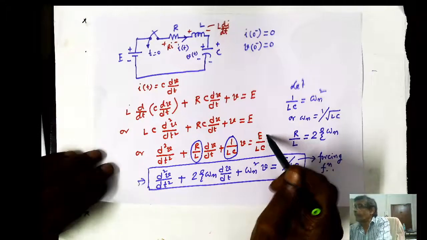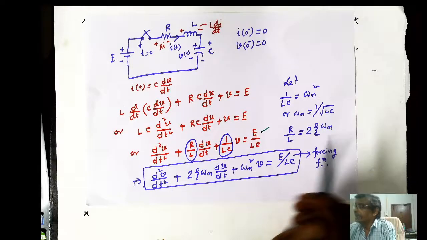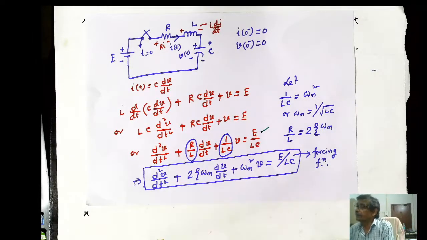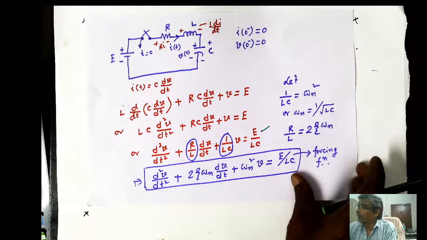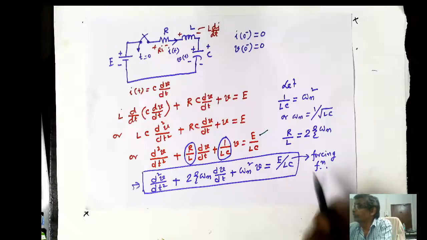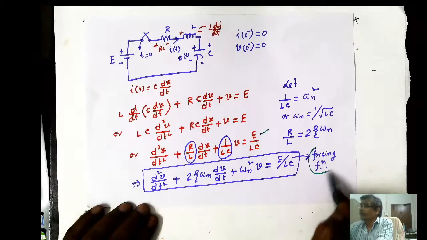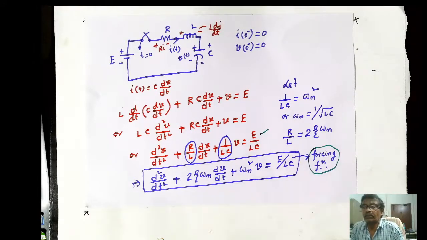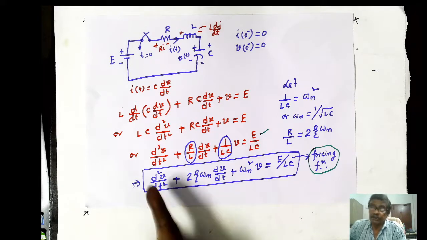Now I will first make a comment: what is the solution due to the forcing function? For the forcing function, the solution is a linear combination of the forcing function and its higher order derivatives. But since the right hand side is constant, the higher order derivative terms go away, and the forcing function alone satisfies this differential equation.